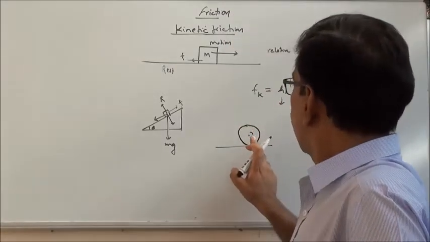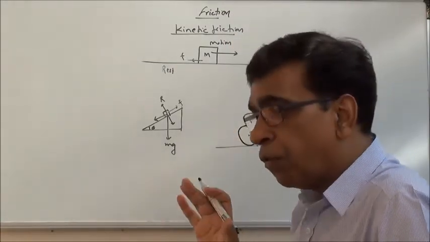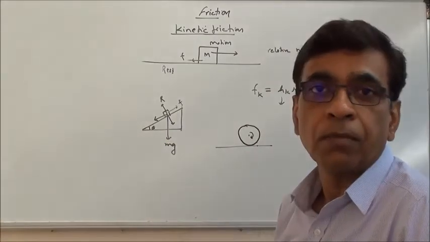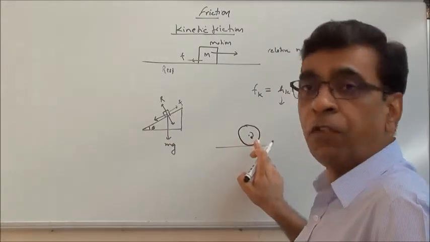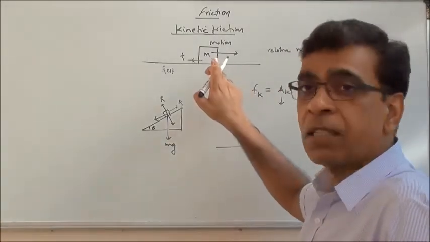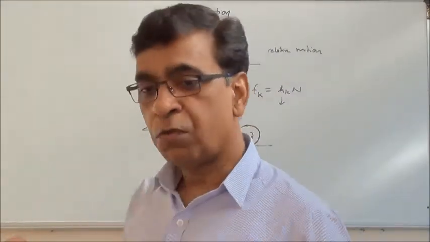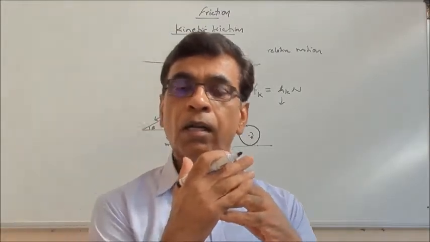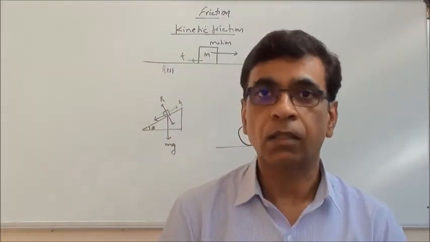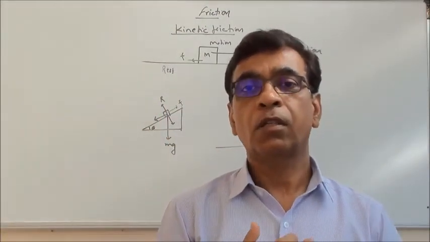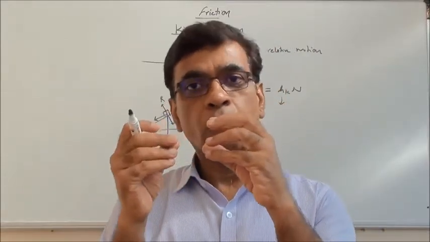So if we have to push an object, it will be easier to push it here than in this case. That's why in machines, wherever one part has to move against the other, we use ball bearings. Small metallic balls are used.